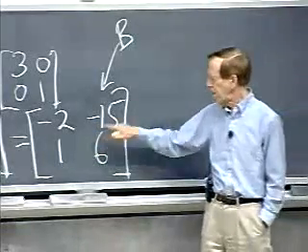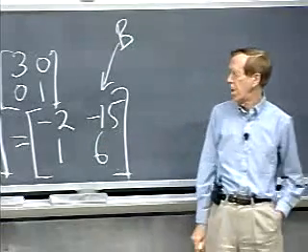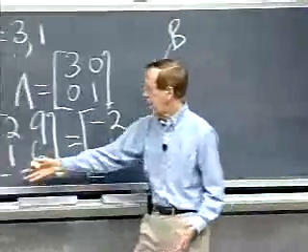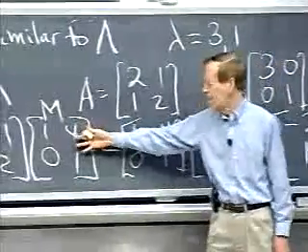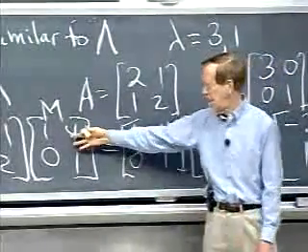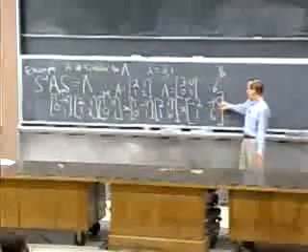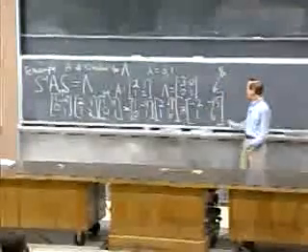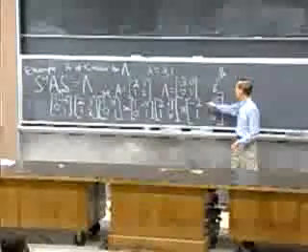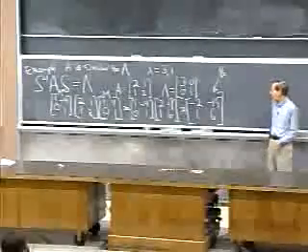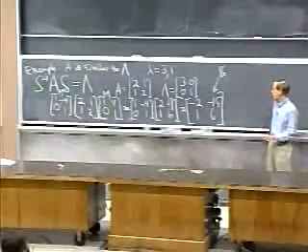The eigenvalues of that matrix are also 3 and 1. And you see, I created this matrix by just taking any M that popped into my head, and computed M inverse AM, and got that matrix. It didn't look anything special, but it's like A itself. It has those eigenvalues 3 and 1.